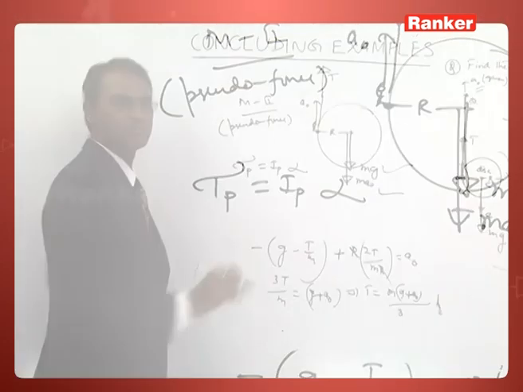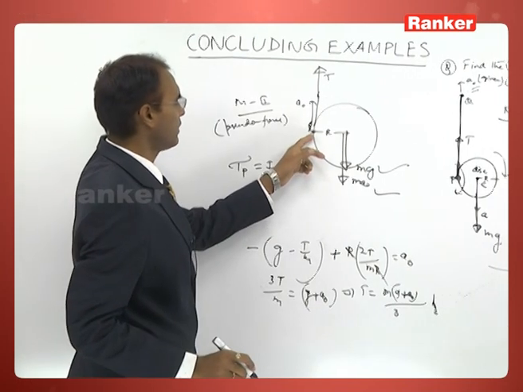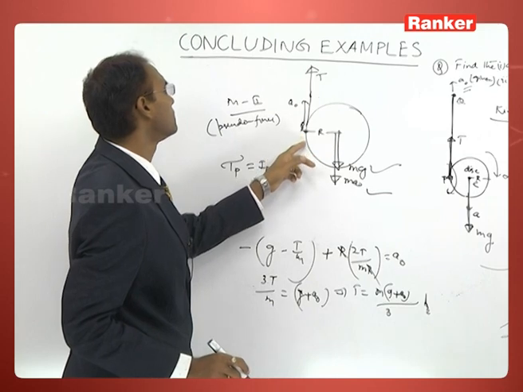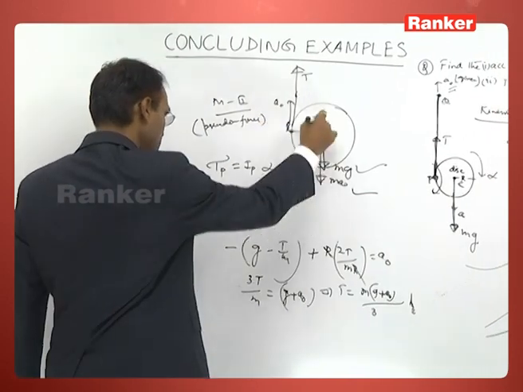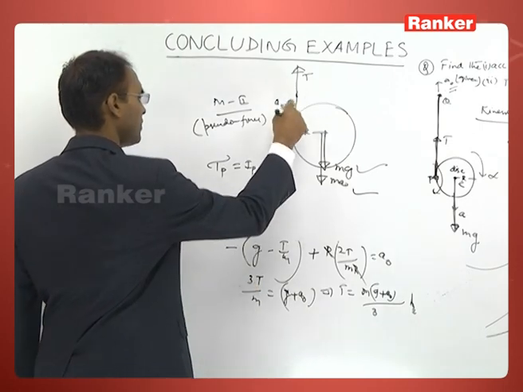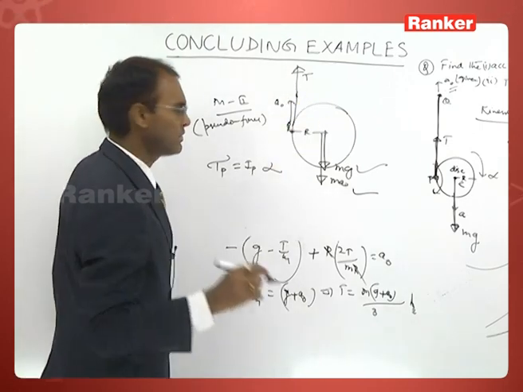Pseudo force method. Sitting on the non-inertial frame, which moves up with the acceleration a naught, and imposing the pseudo force, that is downward, opposite to the acceleration of the reference frame or the observer.